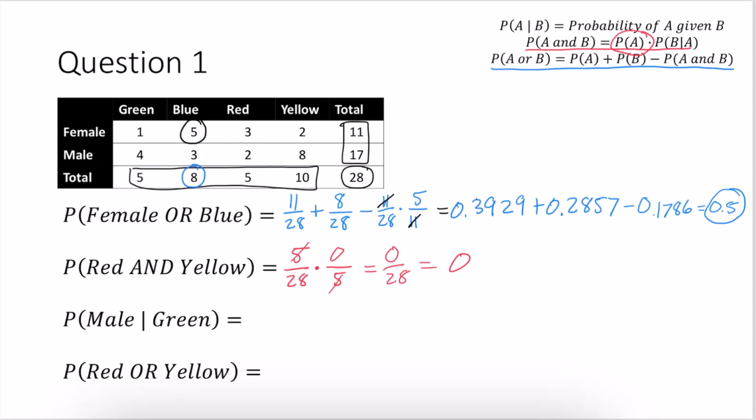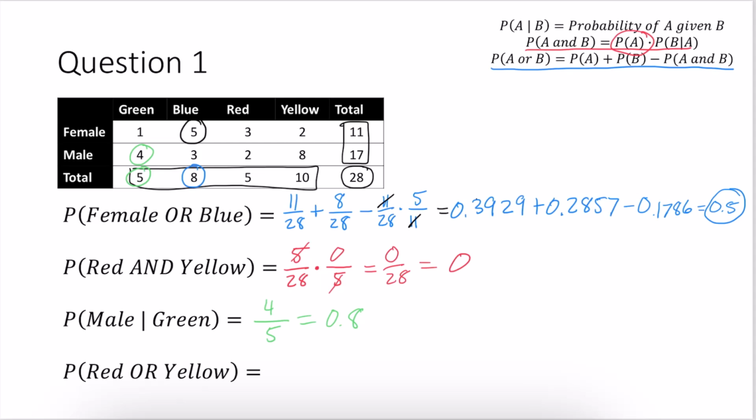And then for the probability of choosing a male, assuming that their favorite color is green, you would say, okay, well, how many students are there whose favorite color is green? There's 5 of them. And out of those, 4 of them are male. So you would have 4 out of 5. And I think that will be 80% or 0.8 when you divide that.